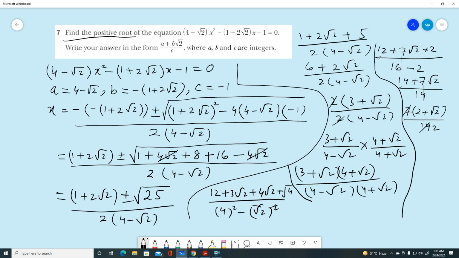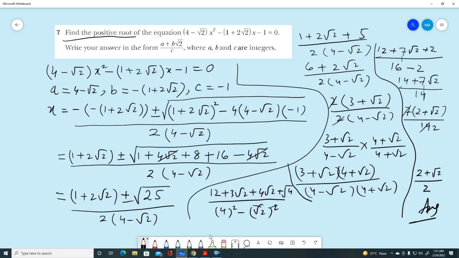So the final answer is 2 plus root 2 upon 2. This is our final answer of question number 7. Hope you understand completely all steps of this question.